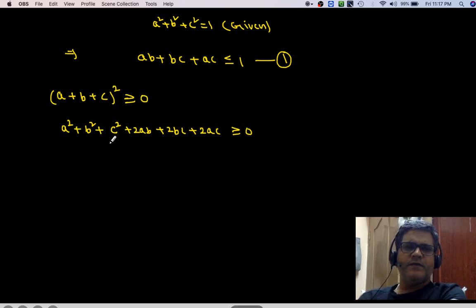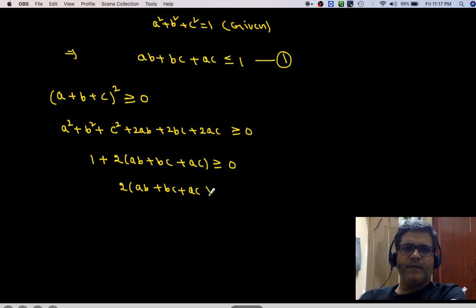Now a square plus b square plus c square is given as 1. Therefore 1 plus 2 times ab plus bc plus ac is greater than or equal to 0. That implies 2 times ab plus bc plus ac is greater than or equal to minus 1.